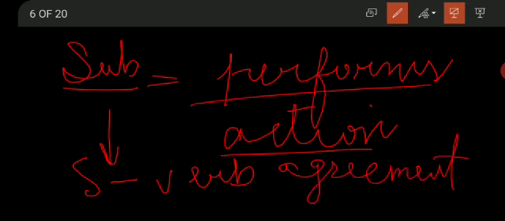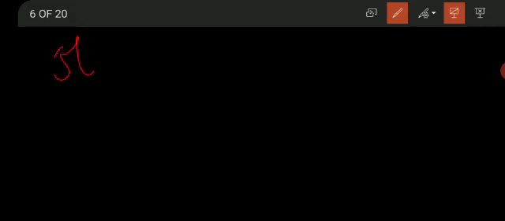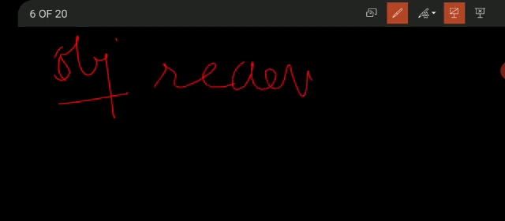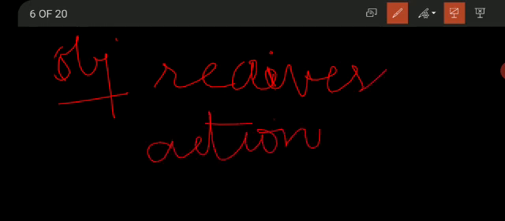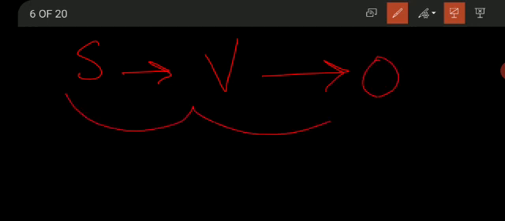The one who performs the action is the subject, and the one who receives the action is called the object. You may also say that the subject controls the verb and the verb controls the object. These three are the essential components of a sentence.